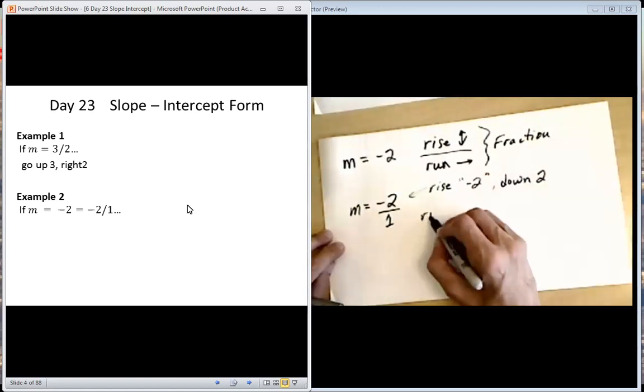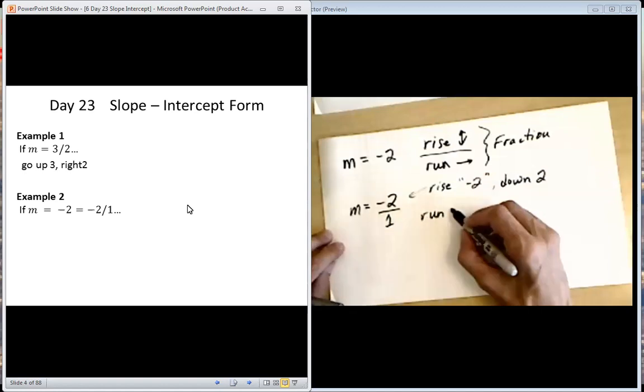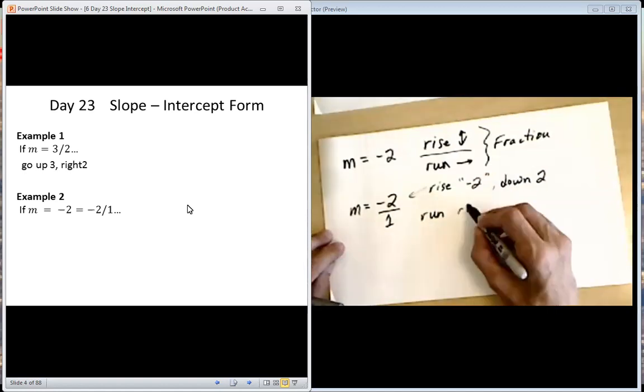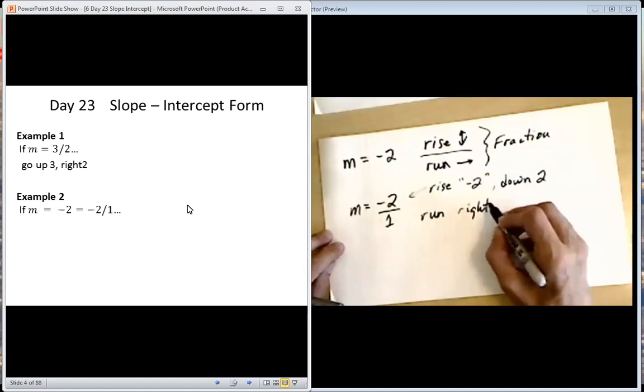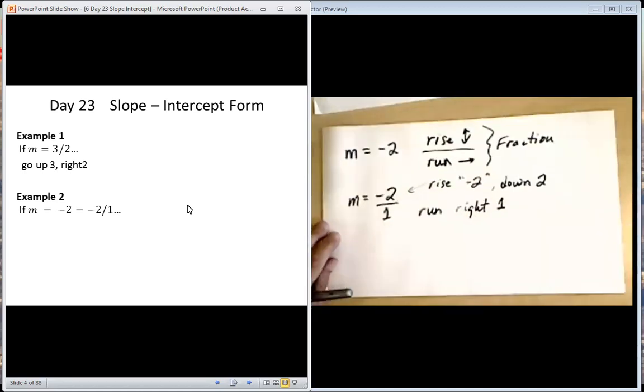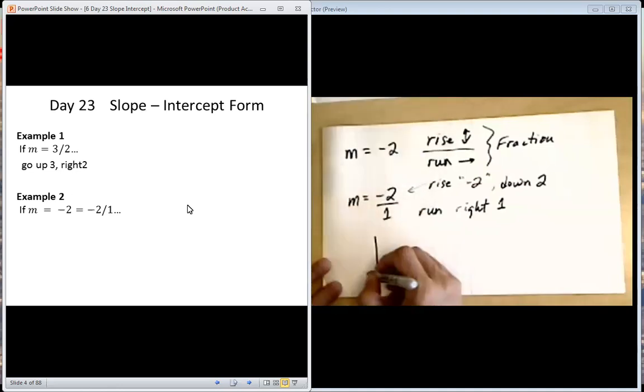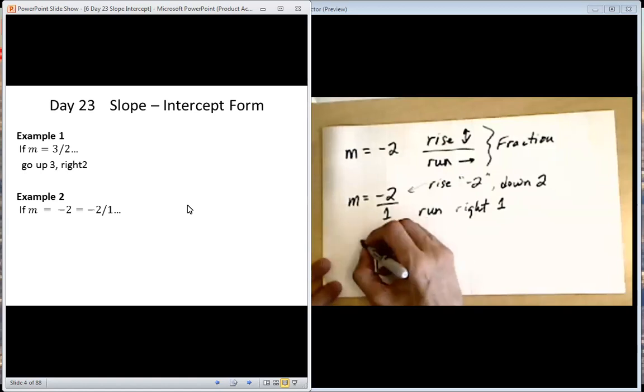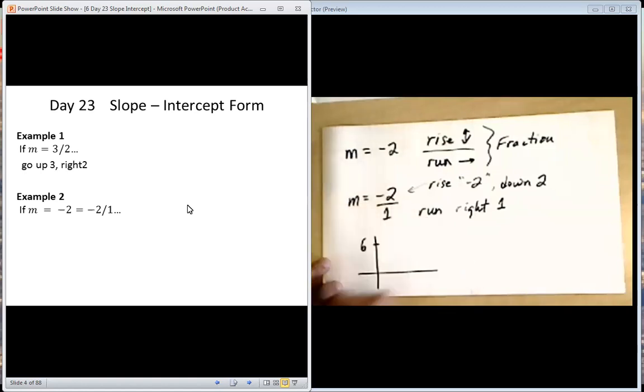So this will be the run, and it'll go to the right by 1 unit. And so doing what we did before, let's say for fun that we start here at 6, just making that up.